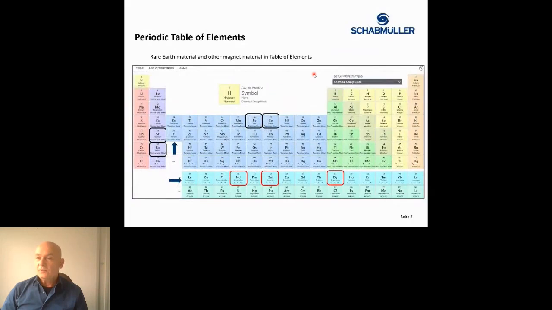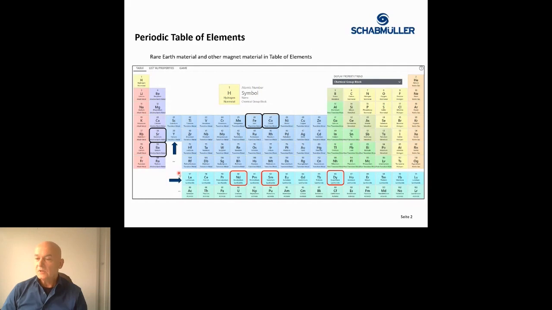So talking about rare earth magnet material, I would like to show you first what these kinds of materials are. Where can you find them in the periodic table of elements? So here you can find the rare earths. It's this section and this section. These are all rare earth materials.